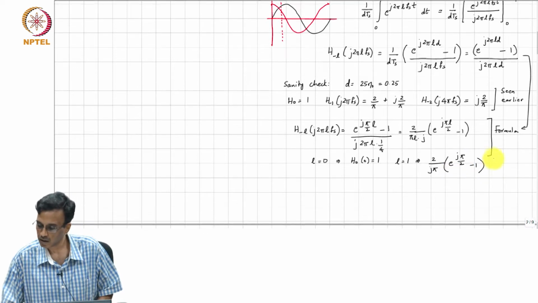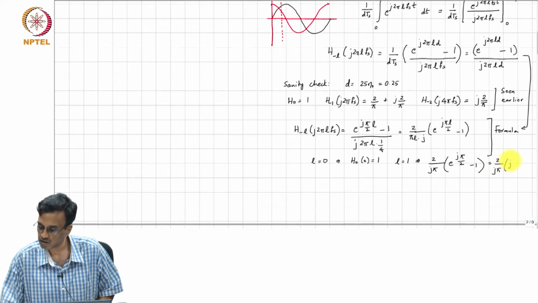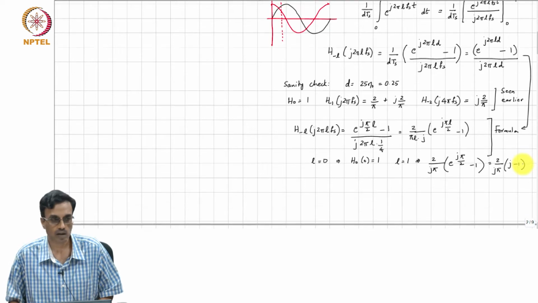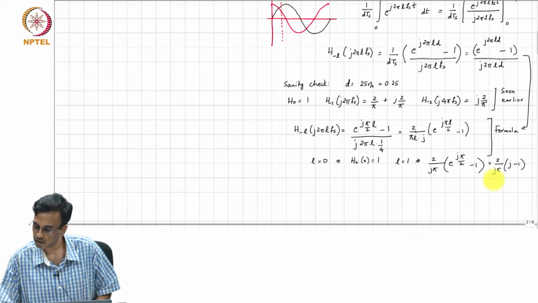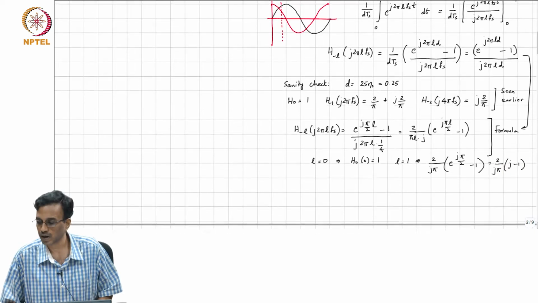This is nothing but 2 by j pi into j minus 1, right, and that is nothing but 1 plus, minus 1 is nothing but j square.